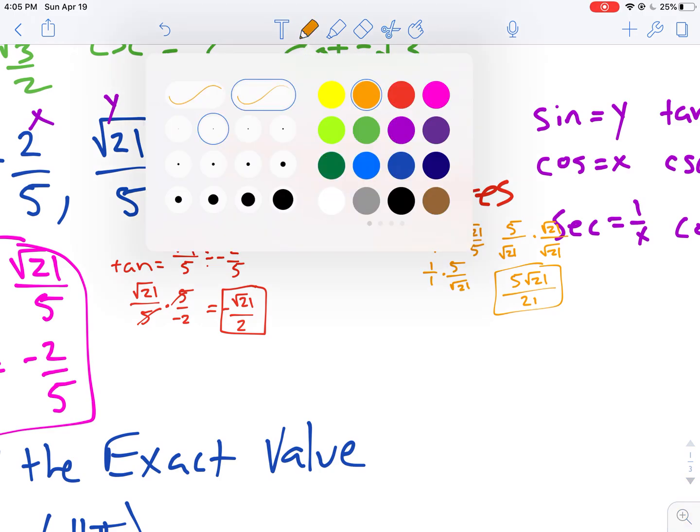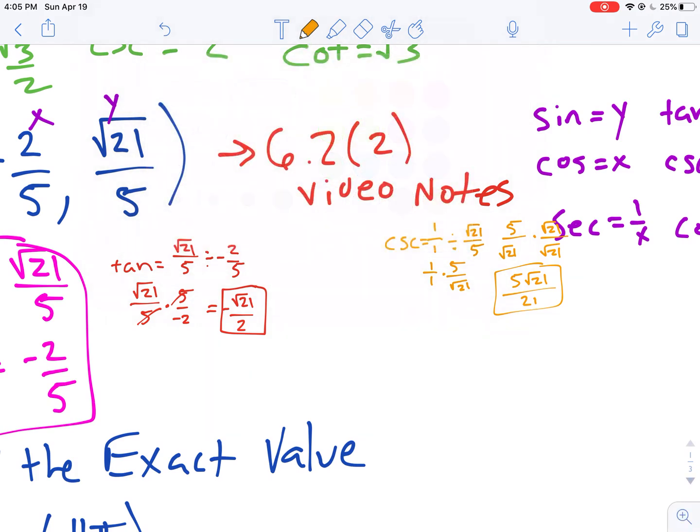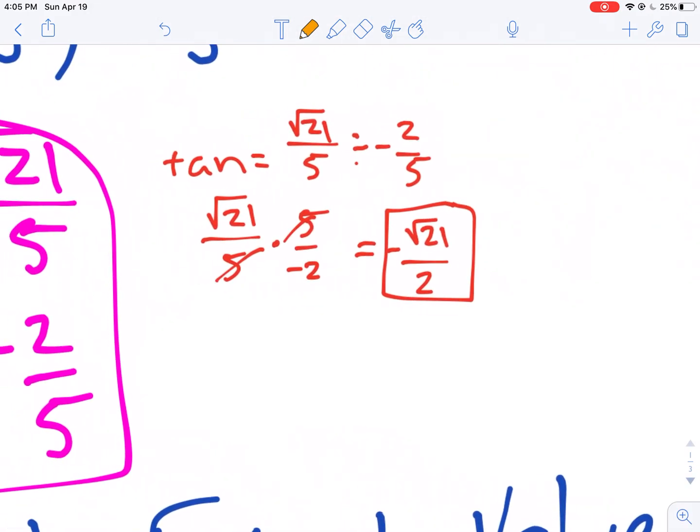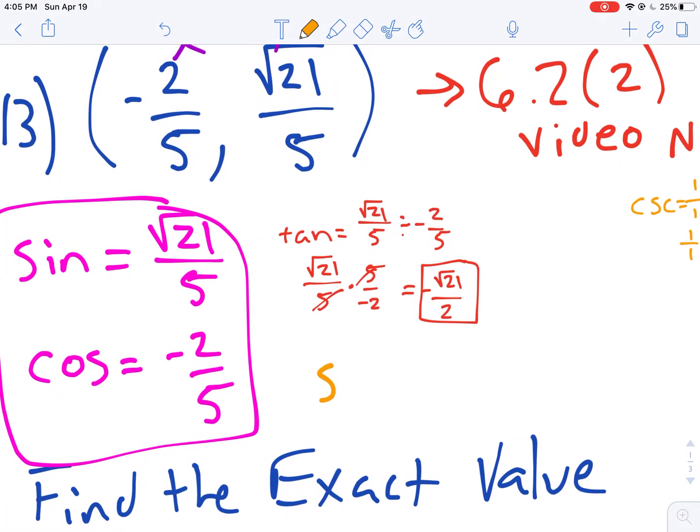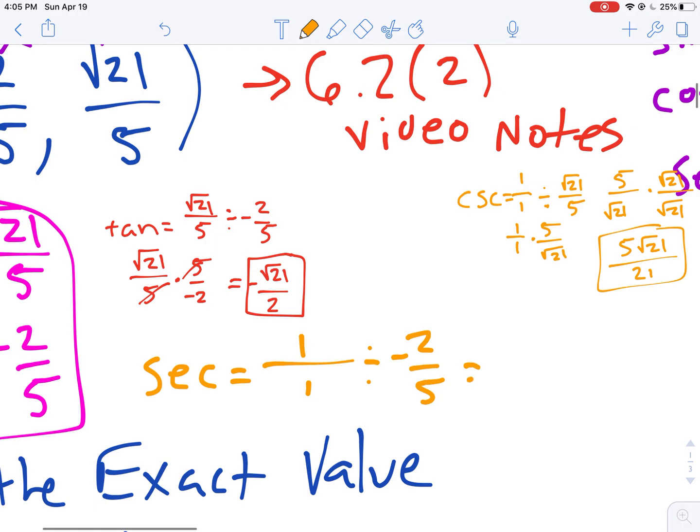For my secant value, it is 1 over x. So for secant, I'm going to say that that's going to be 1 over 1 divided by negative 2 over 5, which is going to be equal to 1 over 1 times 5 over negative 2.